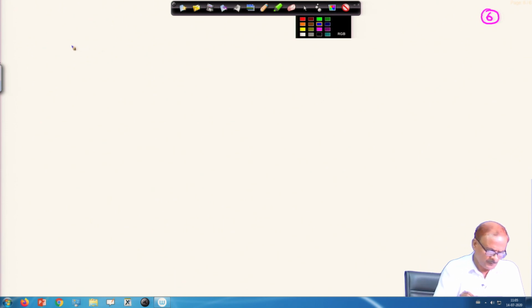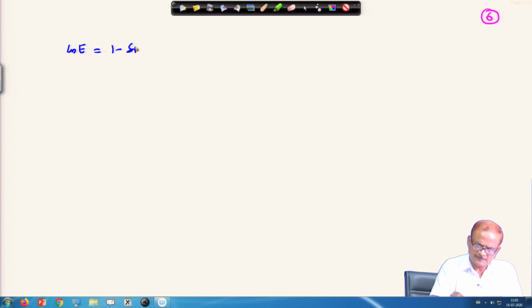Now, the cos E we can write as cos squared E equal to 1 minus sin squared E, and this becomes then 1 minus E squared.